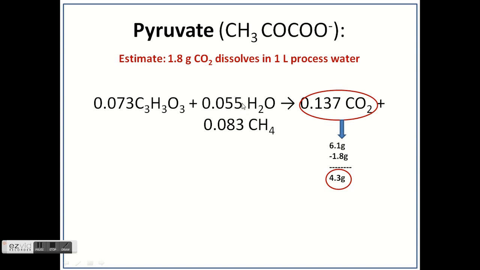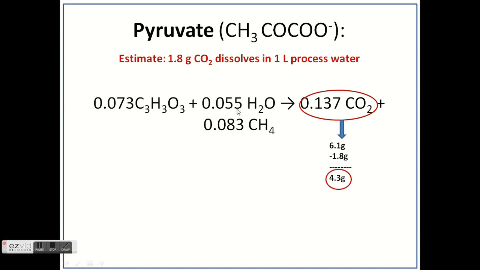Since we have 1 liter of water, I'm assuming here that 1.8 gram is totally dissolved in the processed water. Now this depends on a lot of things. The retention time: if you have a longer retention time, you could have all of this dissolved. If it's shorter, you could have way less than this dissolved.